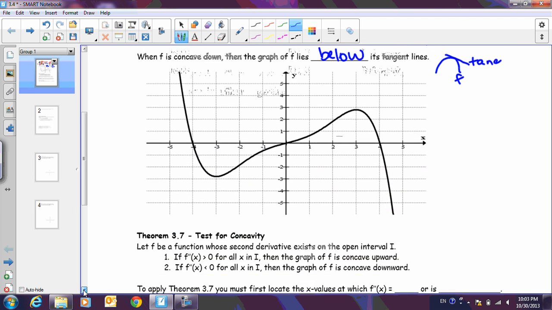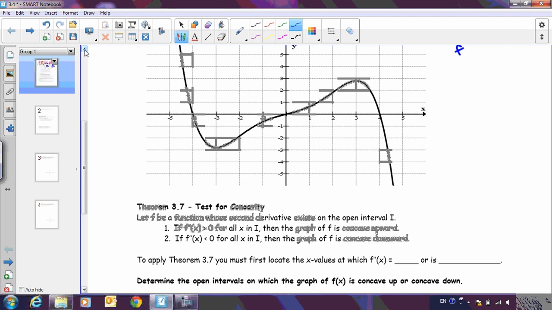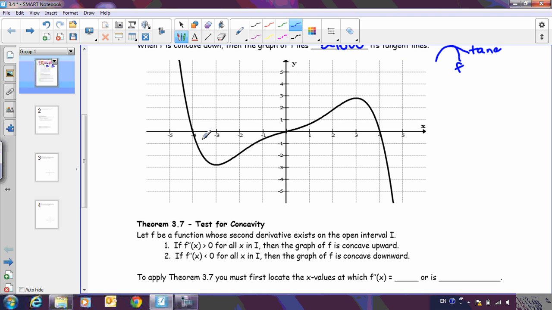Now looking at this graph, I'm not given the equation, so we're just going to look at the picture first. I can see that the first part of this graph is definitely concave up, like a cup. Now this section from somewhere around -1 looks like it's concave down, and it's kind of hard to tell, but I'm going to put a point there, and I'm going to put a point at 0, 0 as well.